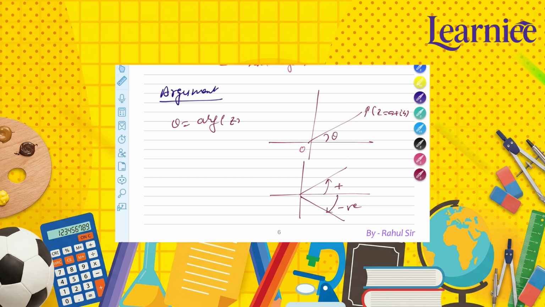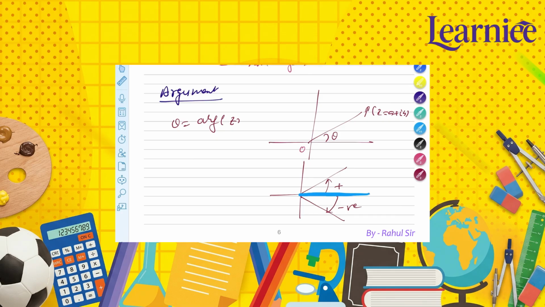But important thing, they are measured with respect to the positive direction of the x-axis. We can't measure from the y-axis or negative x-axis. Angle is always measured with respect to the positive direction of the x-axis. If it is clockwise, it's negative. If it is anti-clockwise, it's positive.